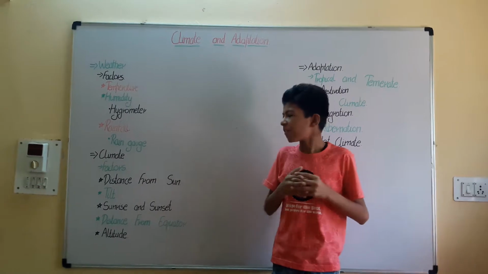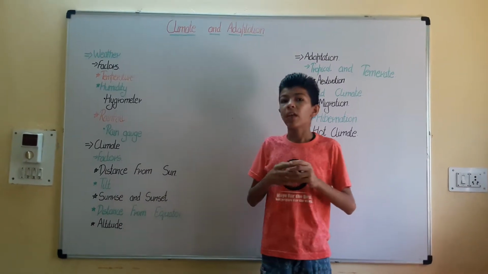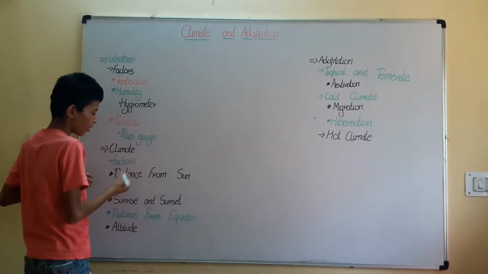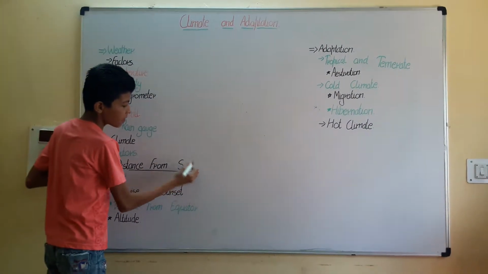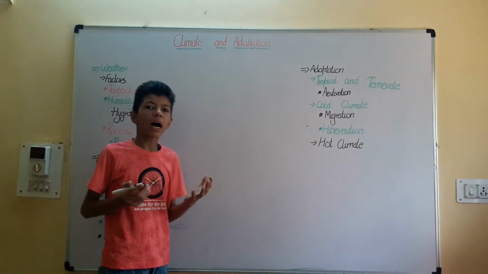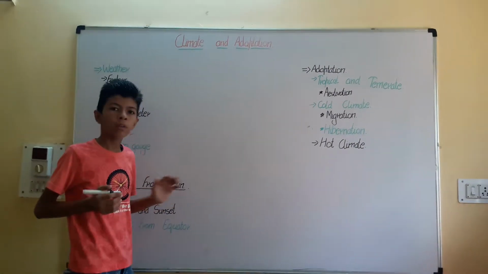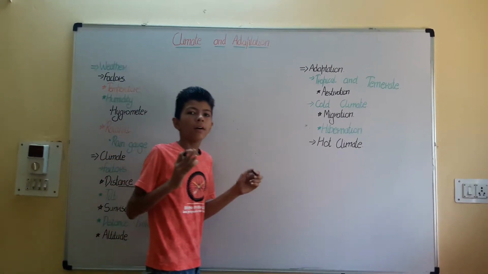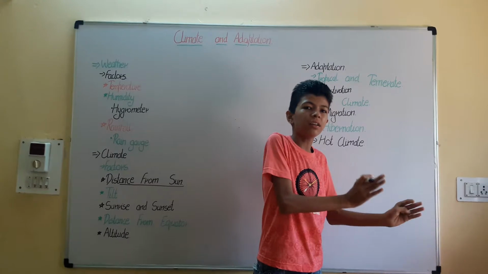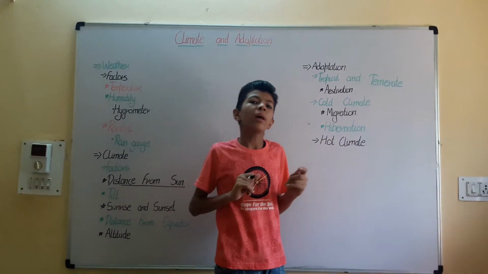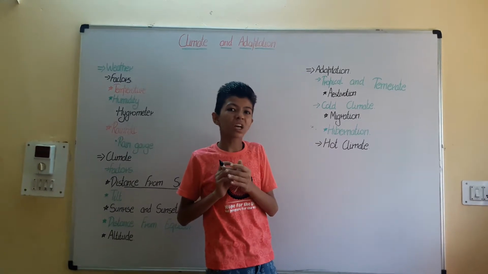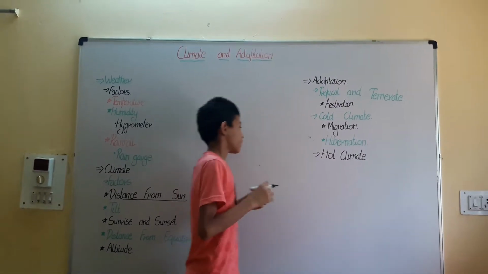Let's move to the factors affecting the climate of the earth. First, distance from the sun. Do you know why there are 6 months of winter, dark night, at the North Pole and South Pole, and 6 months of day?